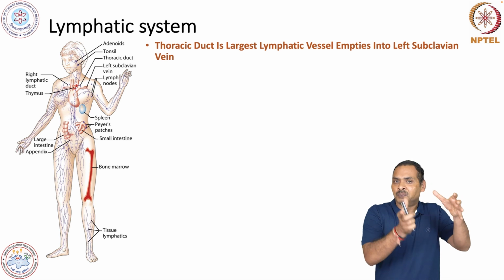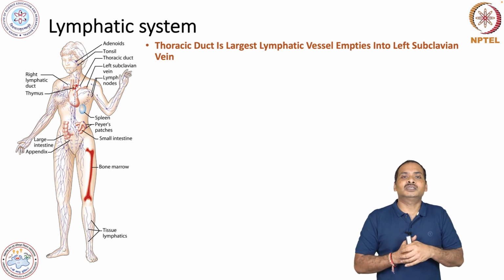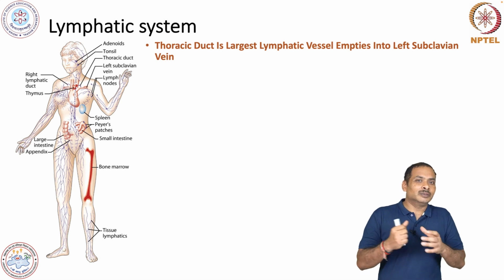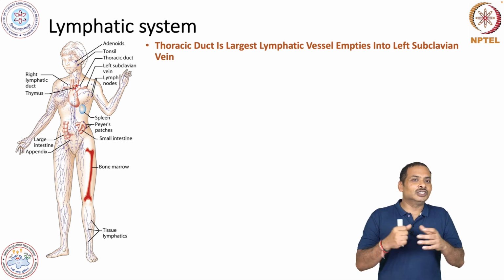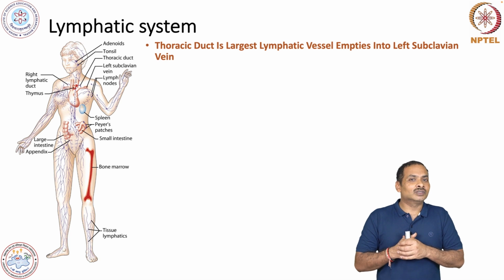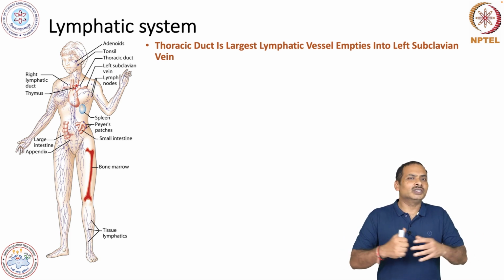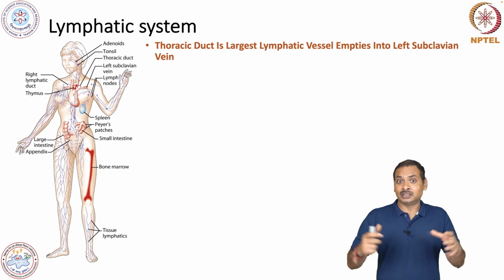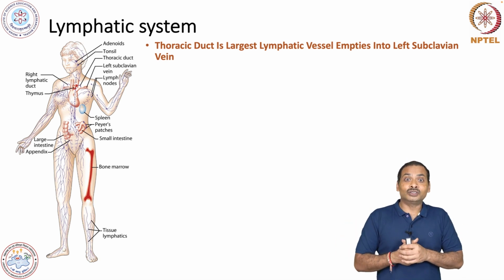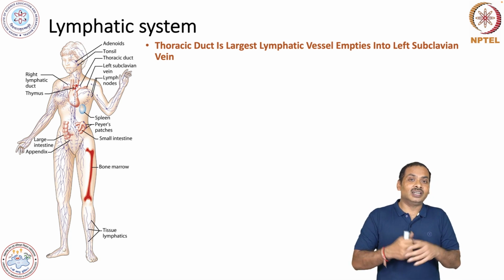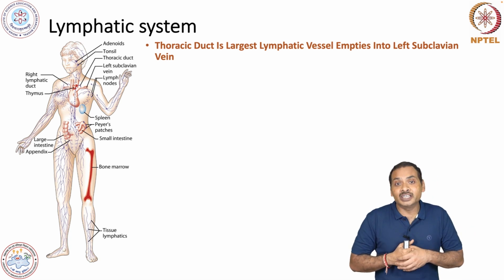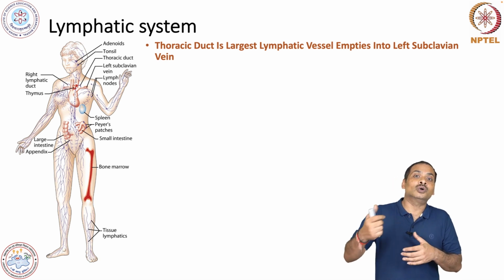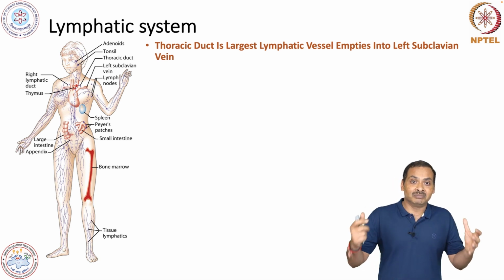They block the major lymphatic vessels, and the individual develops a very fat leg. We also call this disease elephantiasis, the elephant-like leg. Why? Because of blockage of the lymphatic vessel, there will be accumulation of fluid, and that results in oedema, a massive oedema.